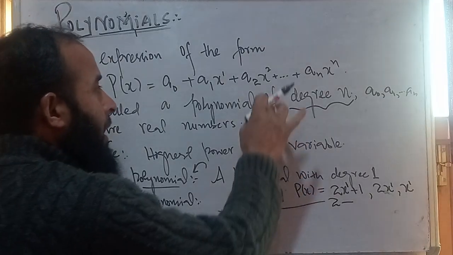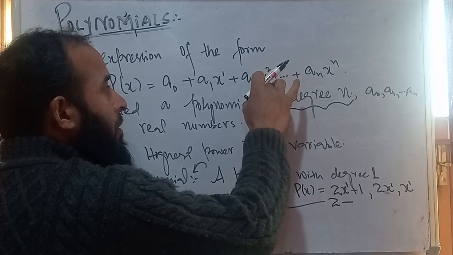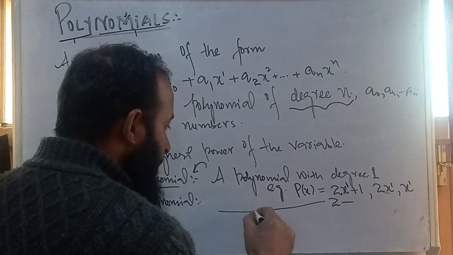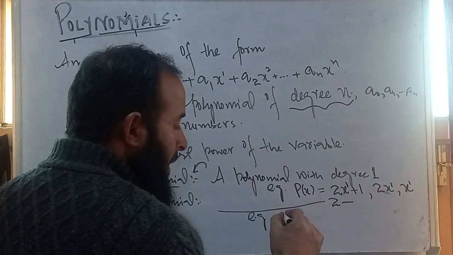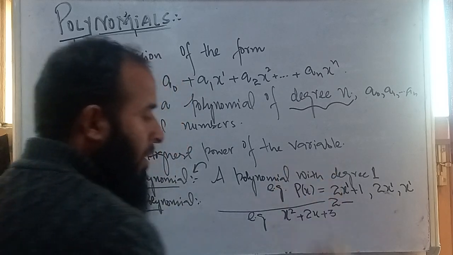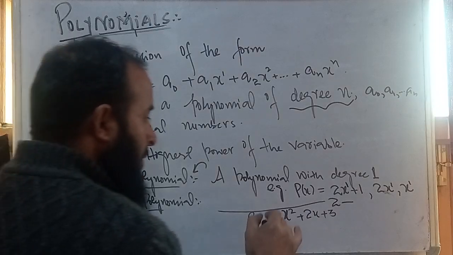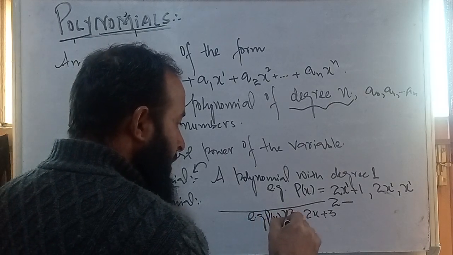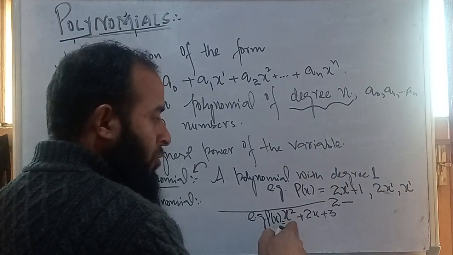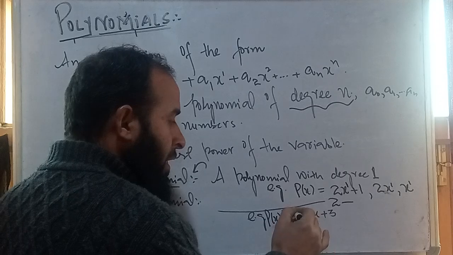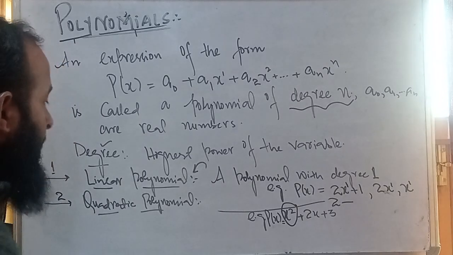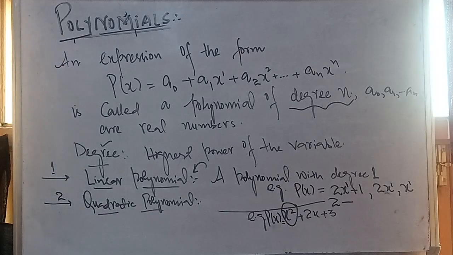That means the highest power of this variable is 2. For example, we can write x square plus 2x plus 3, and denote it by p of x. So what is the highest power of the variable? It is 2. That is why it is called a quadratic polynomial.